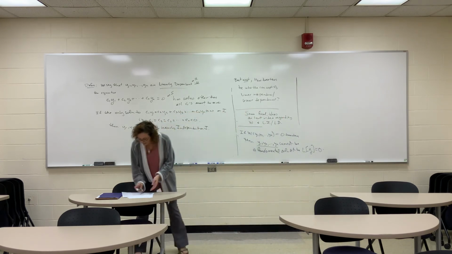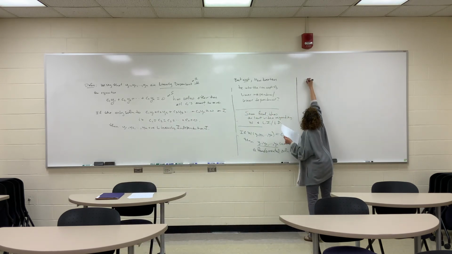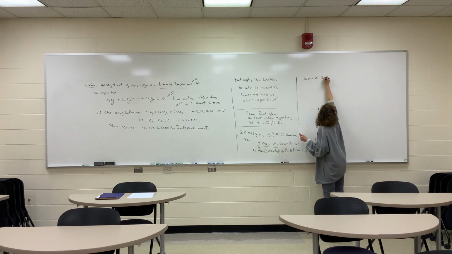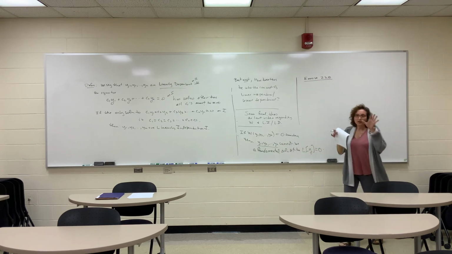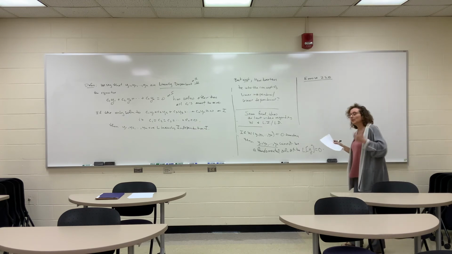Okay. But let's go look at an exercise. One of your homework problems. Then we're going to close this up. Exercise 2.3.10. So you'll see in the book, there's a lot of kind of ad hoc ways of trying to get at whether a set of functions is linearly independent or linearly dependent.